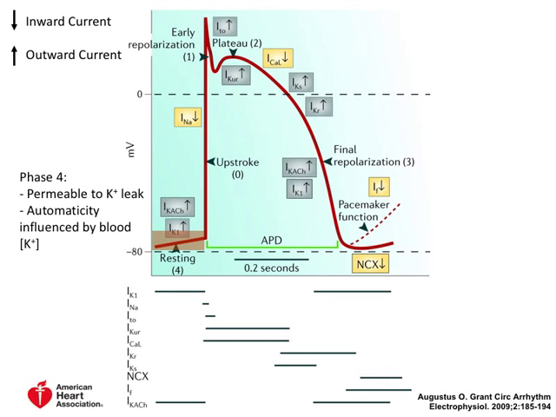Importantly, the angle of the increasing potential, how quickly this will depolarize spontaneously, is affected by blood potassium. And so any changes in blood potassium concentration can really mess up what we call the automaticity, the likelihood for spontaneous depolarization of cardiac muscle cells.